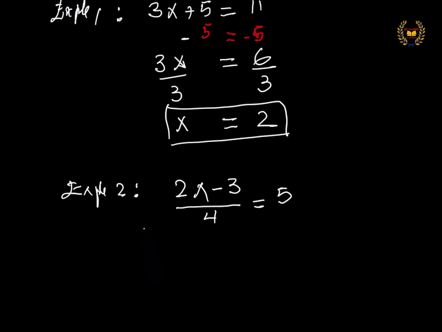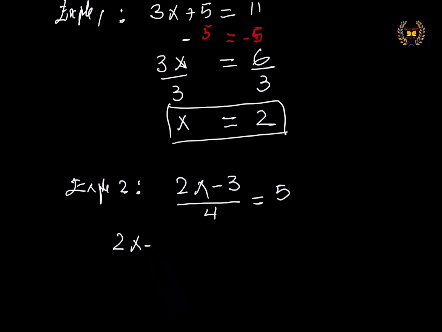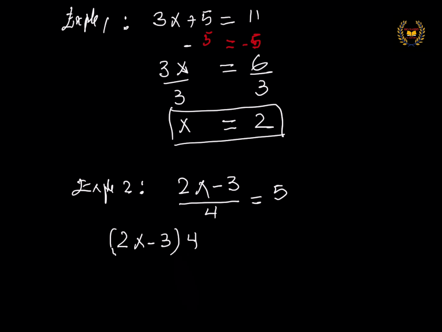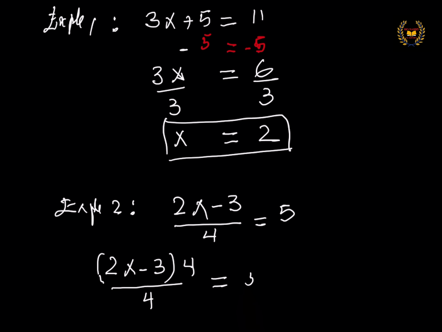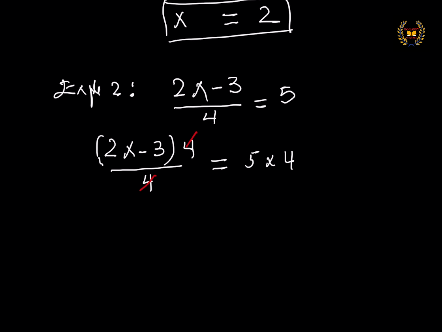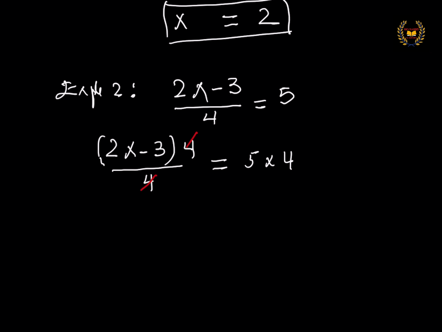So we will have 2x minus 3 multiplied by 4 equals 5 multiplied by 4. So this 4 will cancel in the first term, and in the second term we will have 20. The first term will remain 2x minus 3 equals 20.